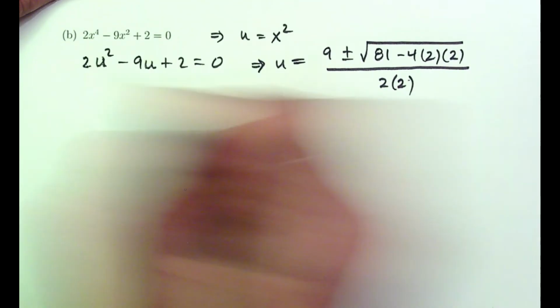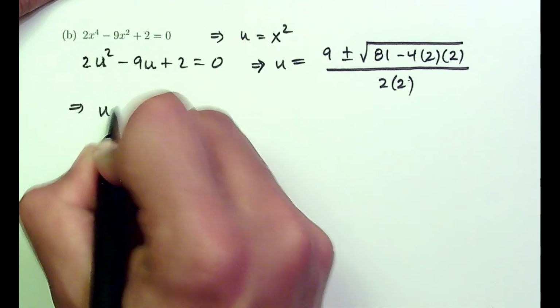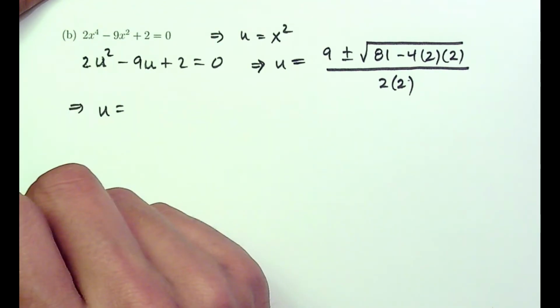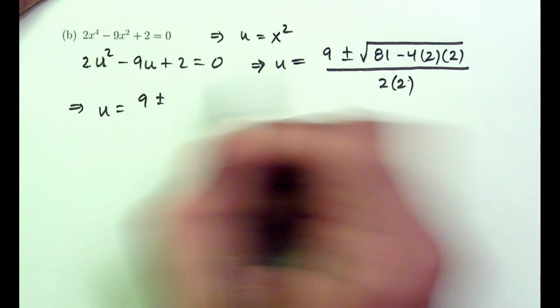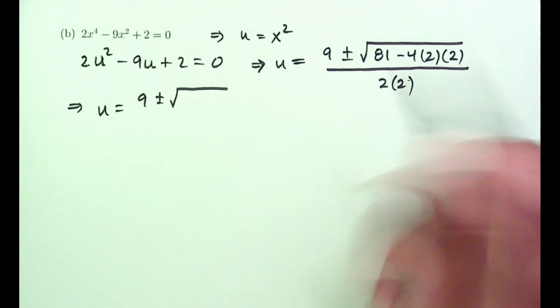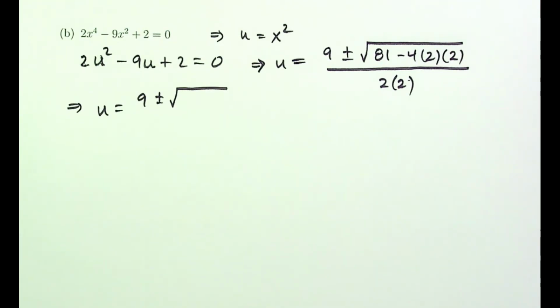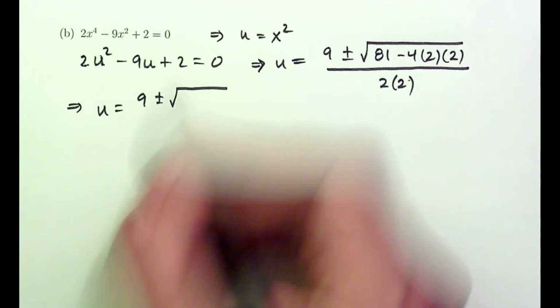Okay? Now let's keep simplifying this a little bit more. This is 9 plus or minus the square root of 4 times 2 is 8 times 2 is 16, and then let's figure out what is 81 minus 16. 81 minus 16 is 65.